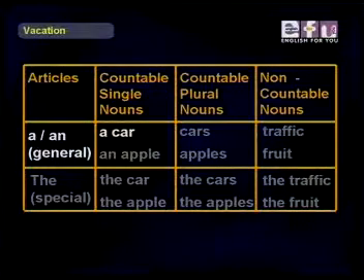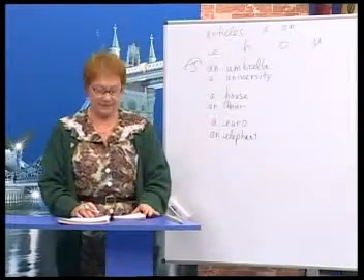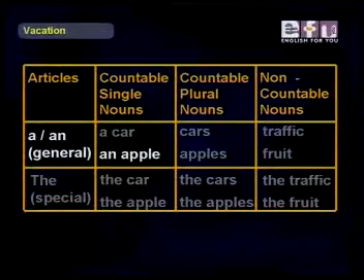So with countable single nouns, we have a car. Countable plural, cars, general. And non-countable nouns, traffic, no a. Another example, countable single, an apple. Countable plural, apples, in general. Non-countable, fruit, no a or an.